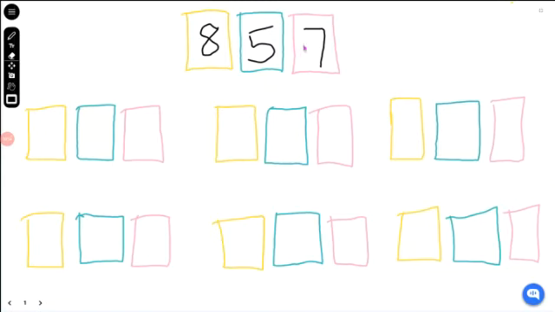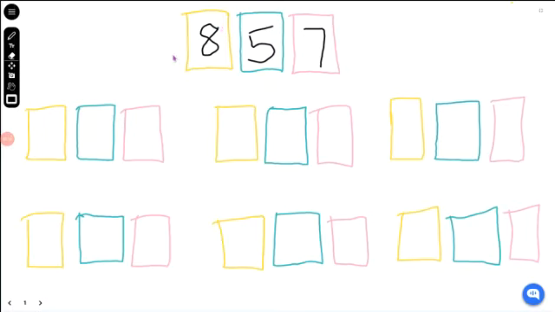I'd like you to have a guess at how many combinations you think we're able to do using these three number cards. Okay, so have a think about it and keep that thought in your head, and then when we get to the end of the session, we'll see if you're correct.